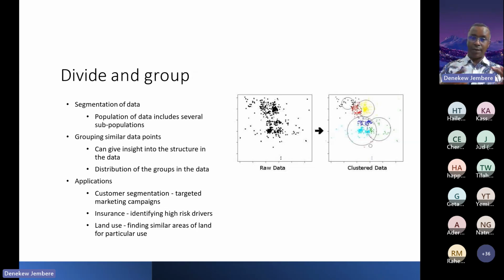This kind of customer segmentation requires you to know your customers, to have data about your customers and their purchase history. In the US, you have a customer number wherever you go.